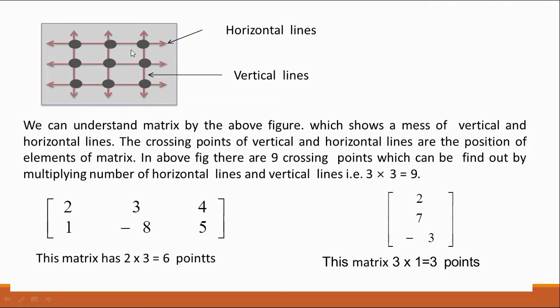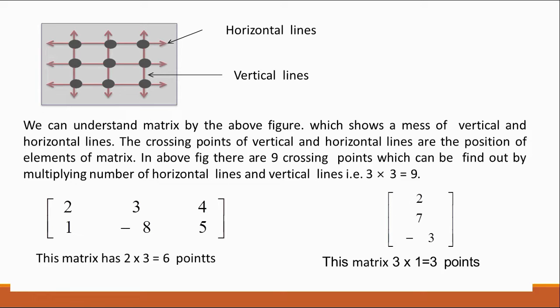Dear student, here you see these are the vertical lines. These vertical lines are called columns, and these are the horizontal lines. These horizontal lines are called rows of the matrix. So if we multiply the number of rows by the number of columns, we can find the number of elements in the matrix.